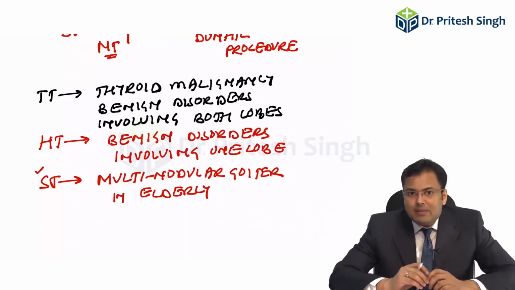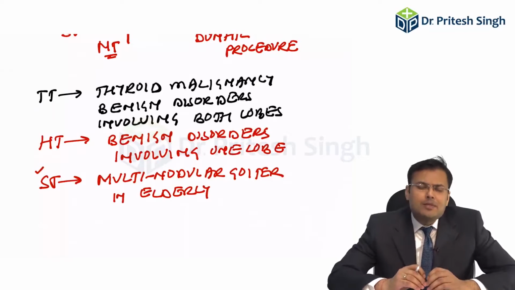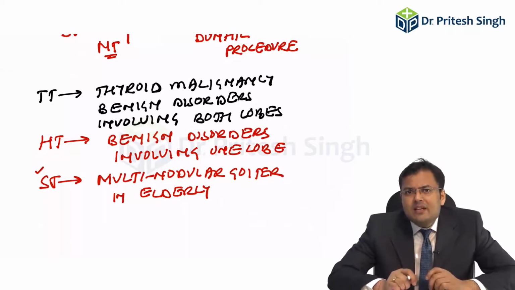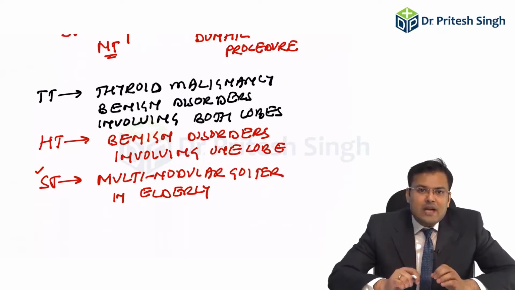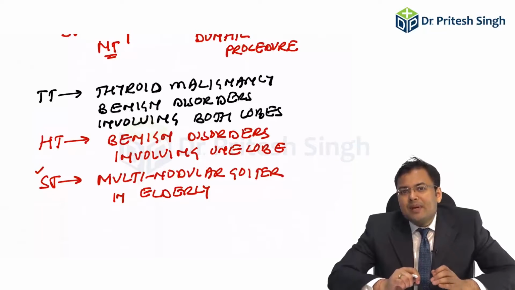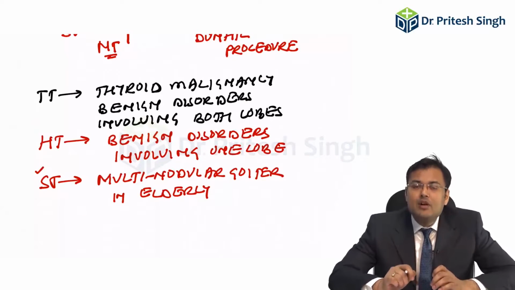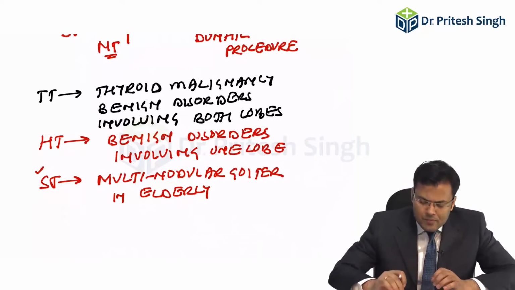So these are the types of surgery. Sometimes we use the words total or near total for thyroid malignancies and benign disorders involving both lobes. See, the preferred treatment option will be total thyroidectomy.